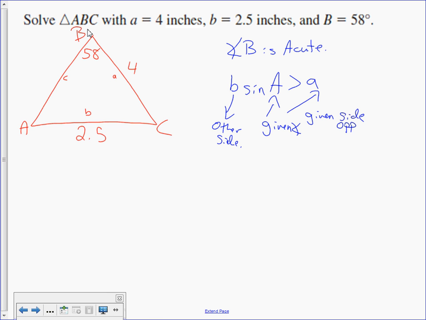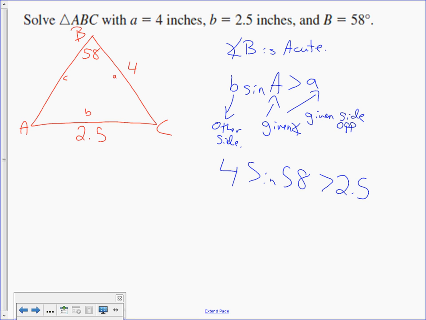All right. So here what we check is, well, I know that it's going to be the sine of 58, and the side opposite is 2.5, and I multiply that by 4. So just check it in your calculator.